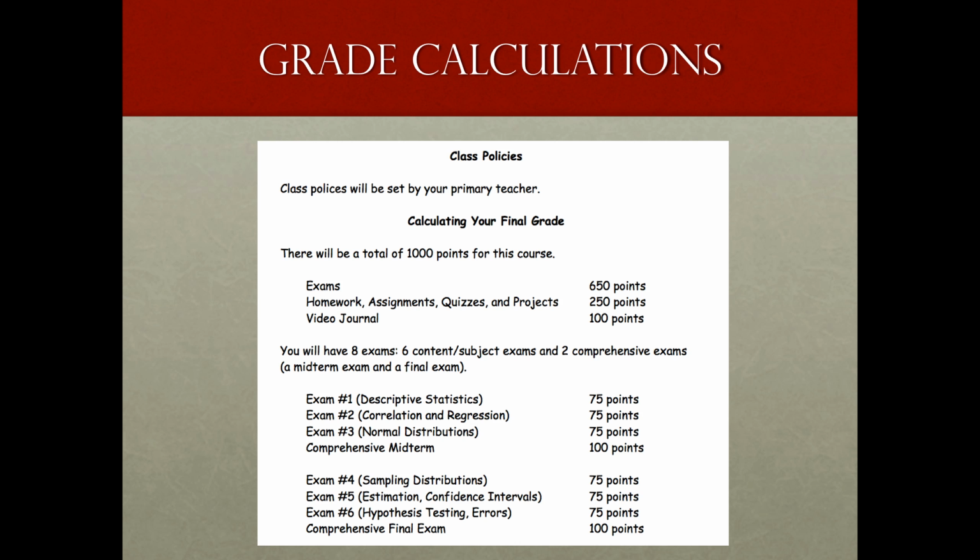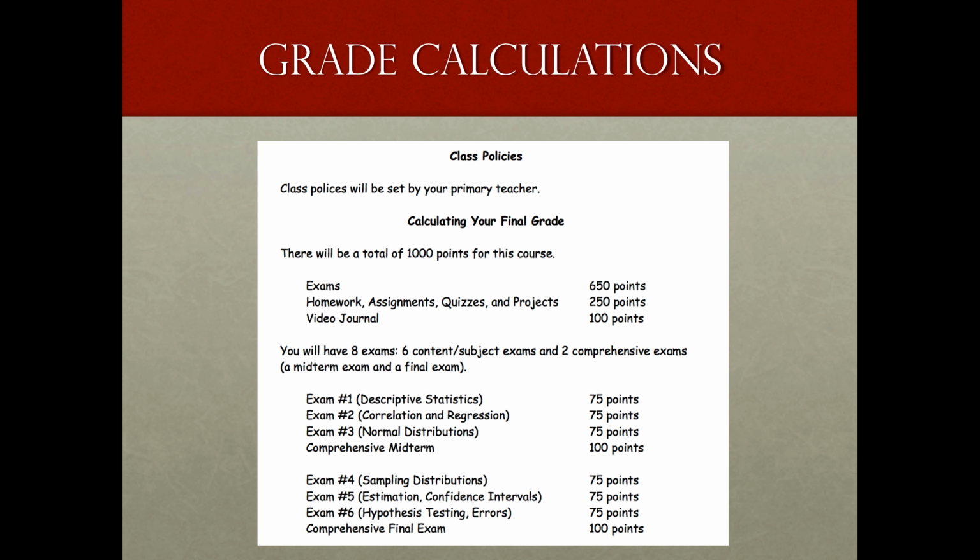Guys, your exams, you can see that they in total will be 650 points. You're going to have 6 what I call content or subject exams, and you're going to have a comprehensive midterm and a comprehensive final exam. Note that the comprehensive midterm and the comprehensive final exam are weighted a little bit more than the content subject exams.